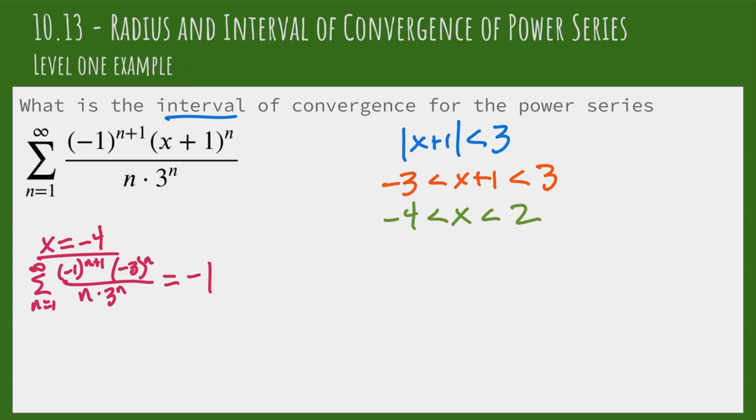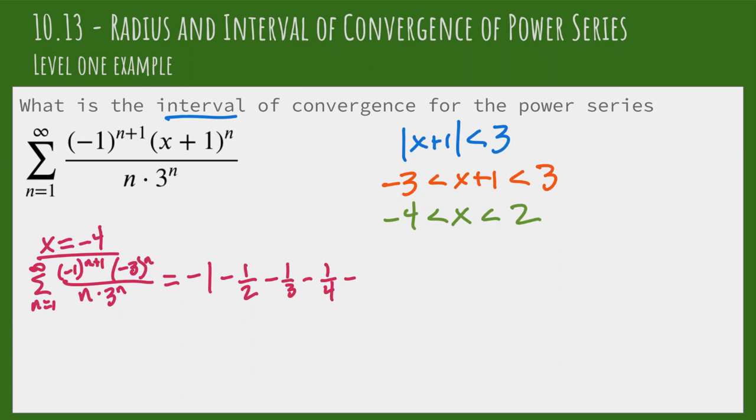When we plug in n equals 2, we're going to have negative 1 to the third power, so that's a negative 1. We have negative 3 squared, which is 9, over 2 times 9, and we're going to get negative 1/2.